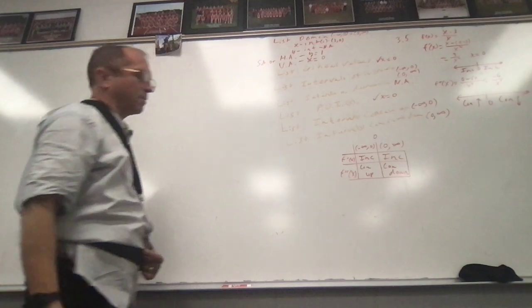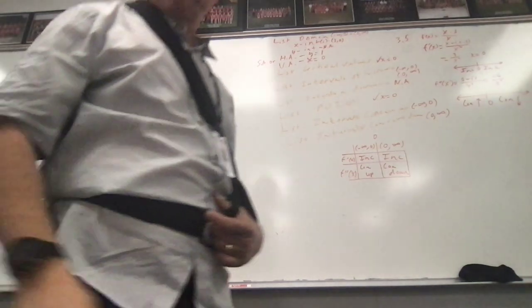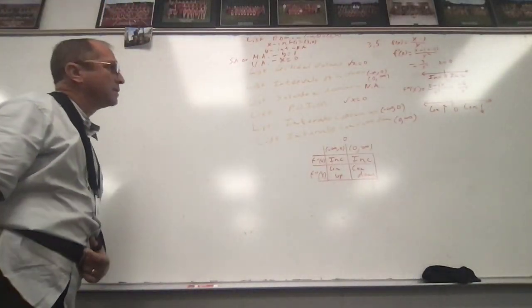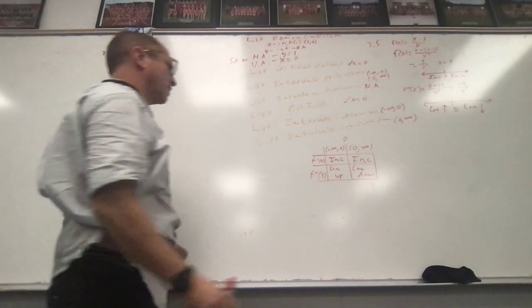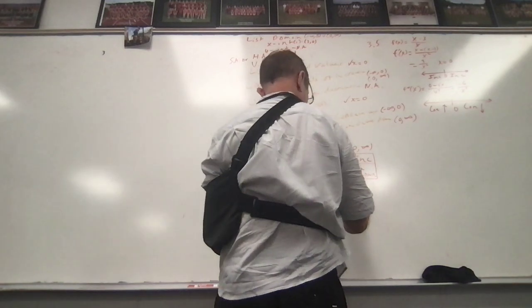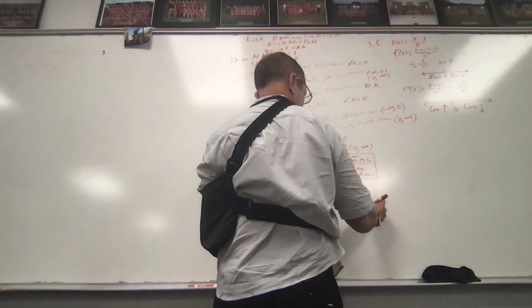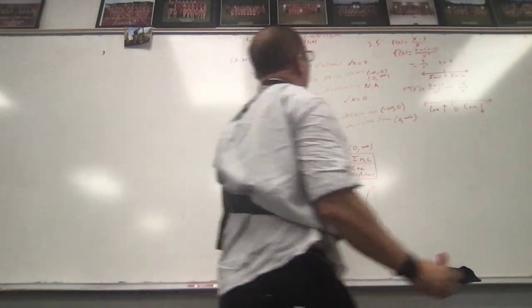I don't know why in the other ones I put arrows, and then this time I decided I would spell it out. So increasing and concave up takes on this shape, increasing and concave down takes on this shape.